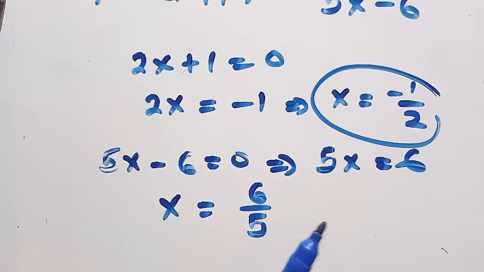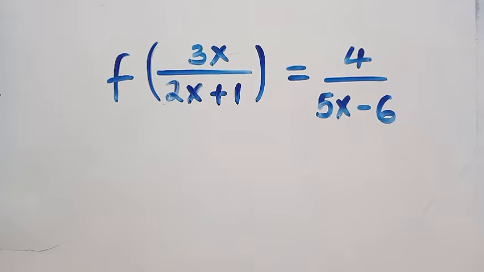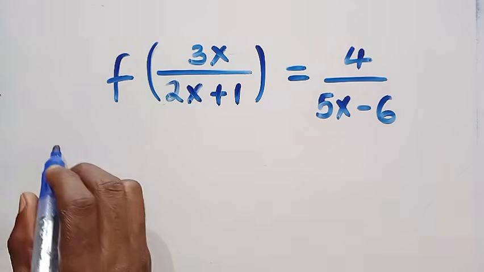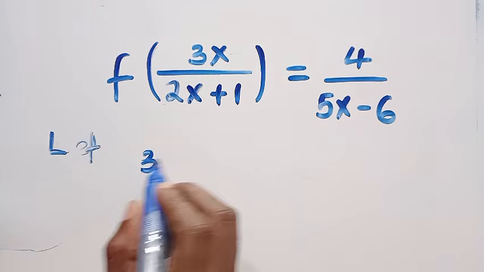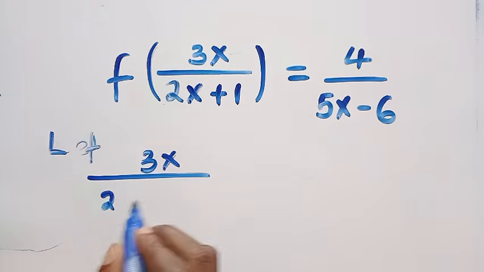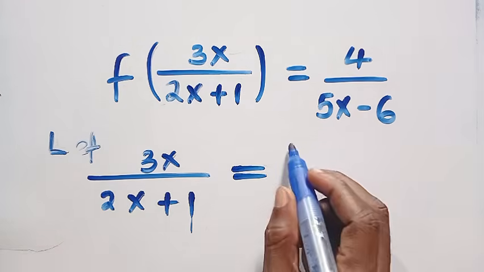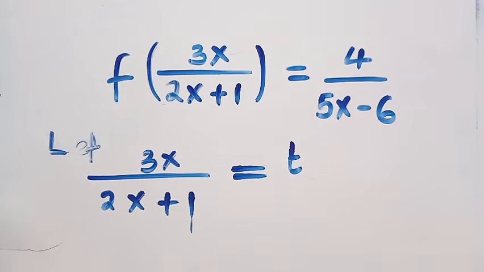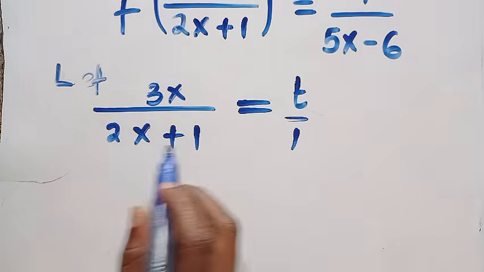So let's find f of x. To obtain the value of f of x, suppose I let 3x over 2x plus 1 equal another letter, say t, and I want to make x the subject of the formula. I'm going to multiply both sides by 2x plus 1.